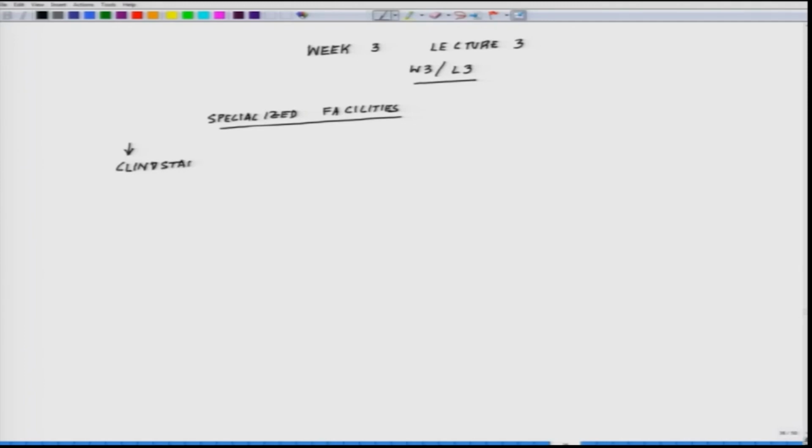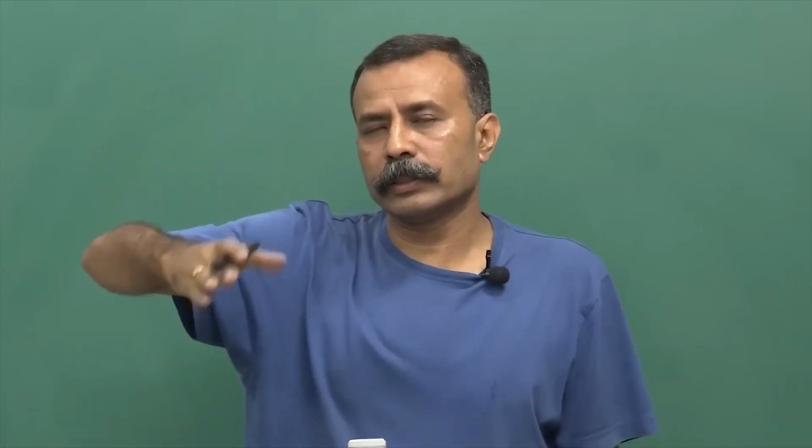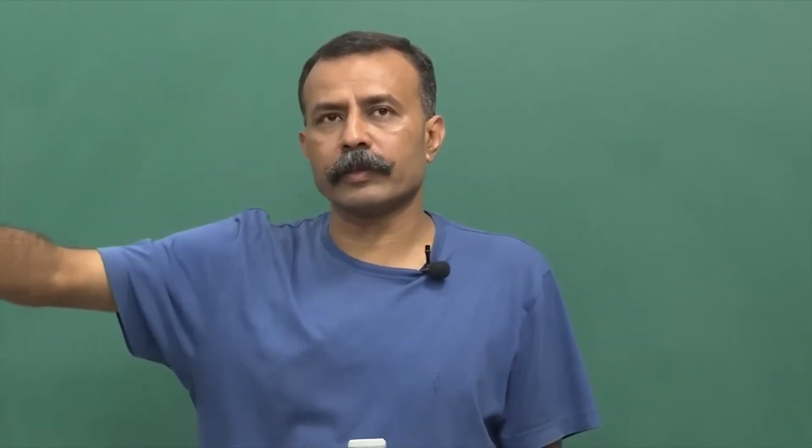Clinostat. So, this is a very interesting thing. It's a setup which rotates like this at a particular RPM, and you have your sample kept somewhere out here. So, the cells experience a change in the gravity like this.